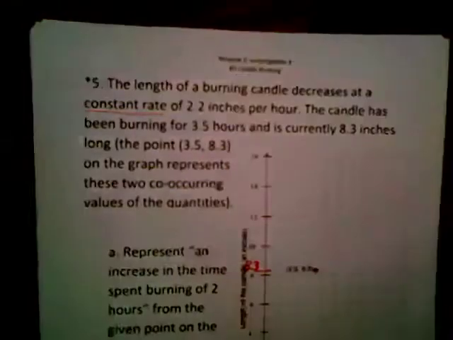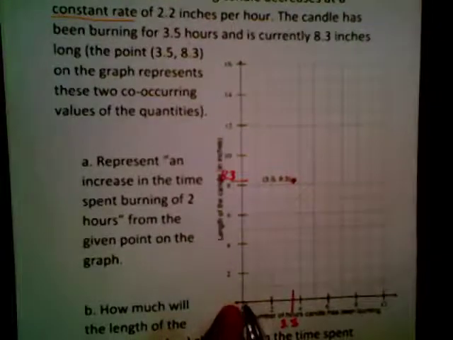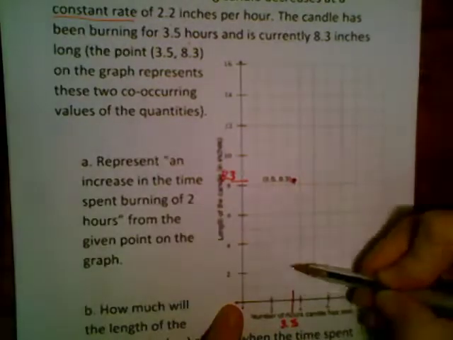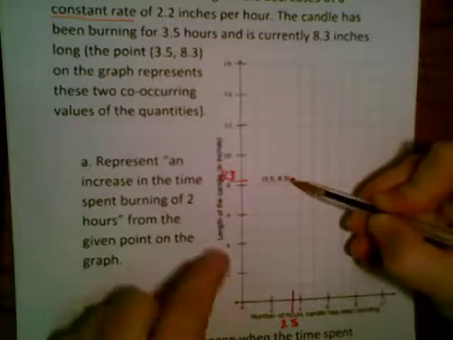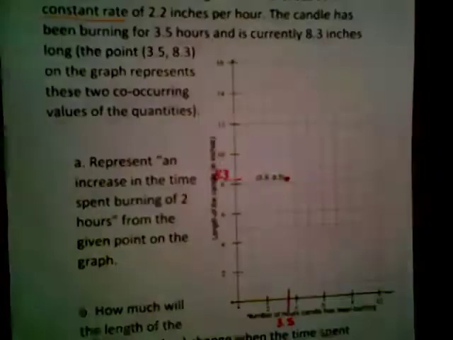So from the origin on this graph, which you may not see well, we've moved 3.5 hours to the right, and then we moved up 8.3 on the inches axis, and there's a label there.